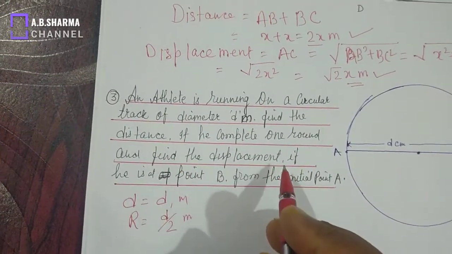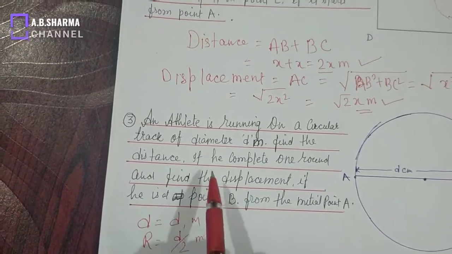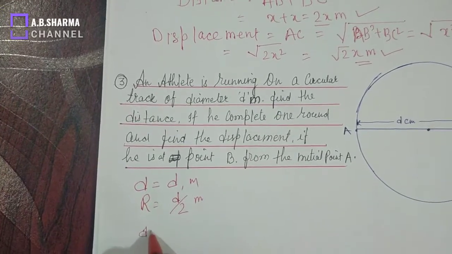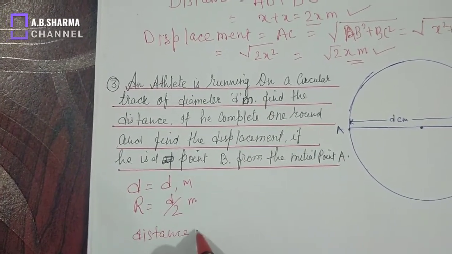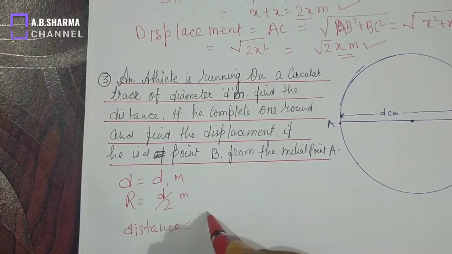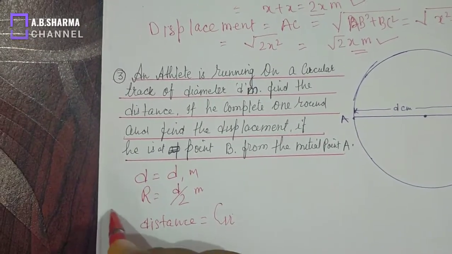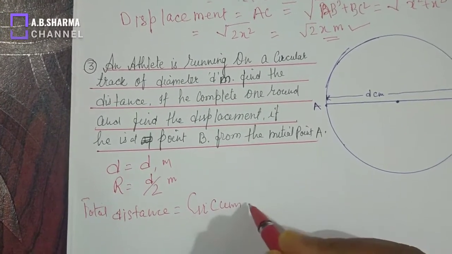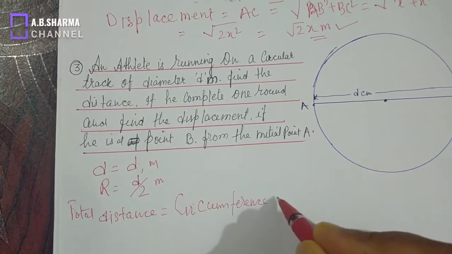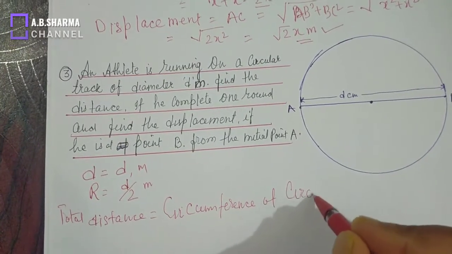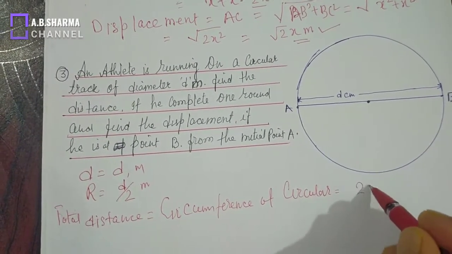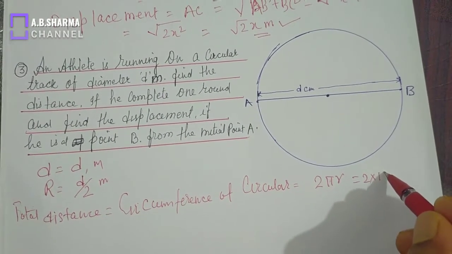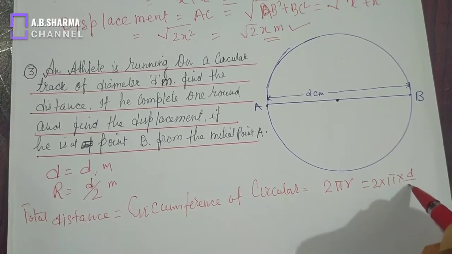So total distance covered in one round is the circumference of the circular track, which is equal to 2 pi r, means 2 into pi into r, where r equals d by 2.